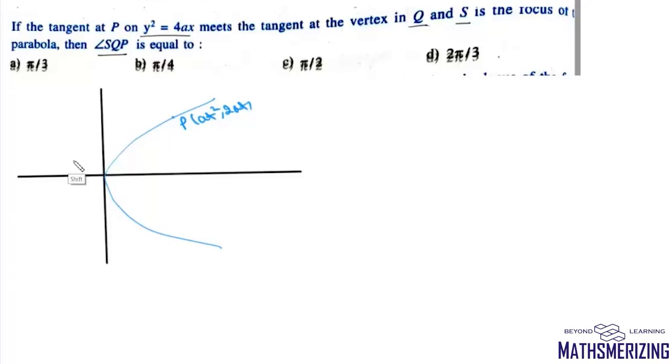Now we'll draw the tangent at this point. This tangent meets the tangent at the vertex in Q, so this point is Q, and S is the focus, so S is (a, 0). We need to find this angle, angle SQP.